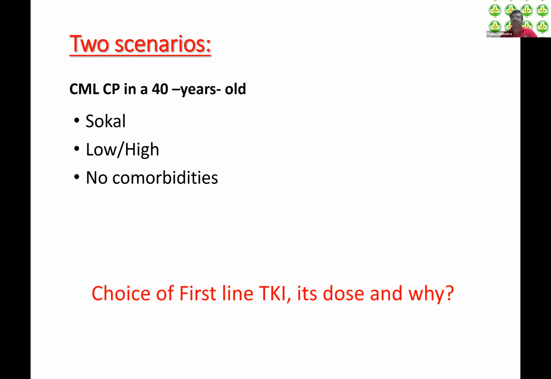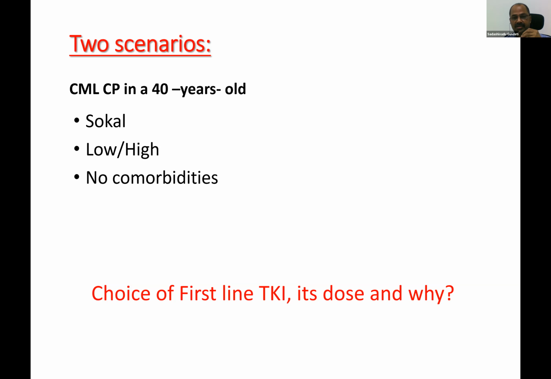Yes, sir. Whenever we choose a first line TKI in a newly diagnosed patient, first we'll do this scoring system. Because we have the first generation TKIs and second generation TKIs. So we can choose that treatment based on the patient comorbidities, risk scoring system and patient preferences.